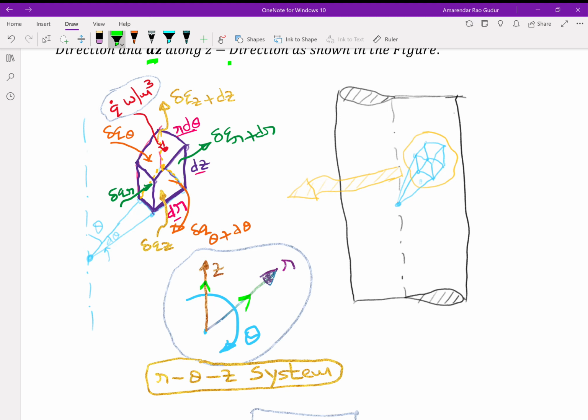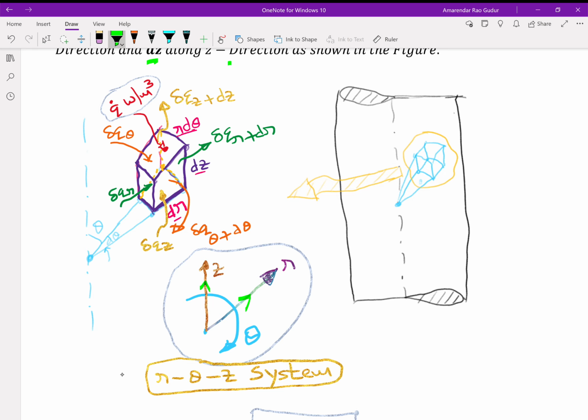And in order to incorporate all the energy quantities, we try to magnify this elemental volume. We can see that at any r, we take some length dr along r direction and some angle d theta, we have the arc length r d theta, and some height along z direction, we have dz.